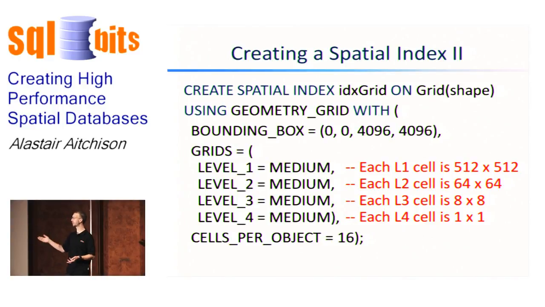So each level 1 cell ends up being 512 by 512. Each level 2 cell divides that into 8 again. So what we've ended up with is each level 4 cell for this example is a 1 unit high by 1 unit wide cell. And that's just going to make the diagrams a bit easier to follow in the next section, basically.